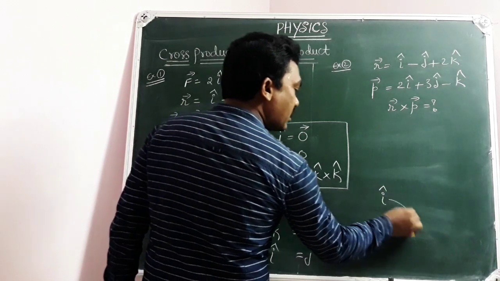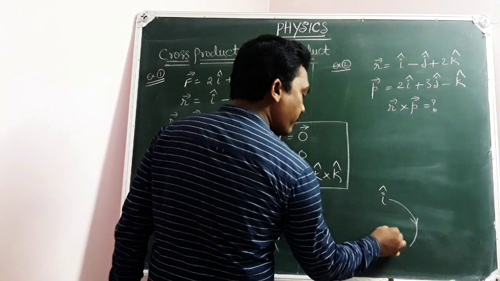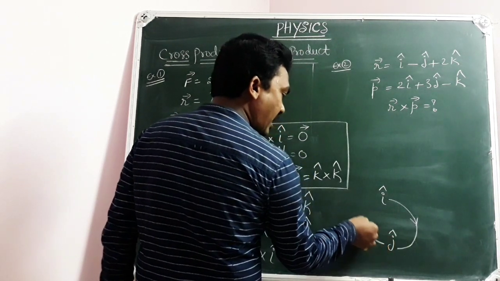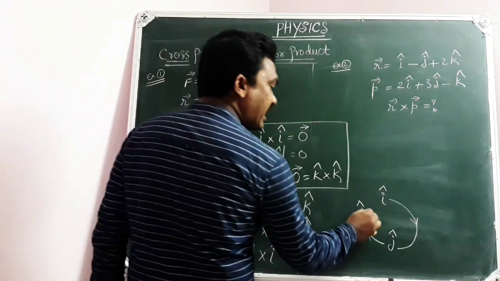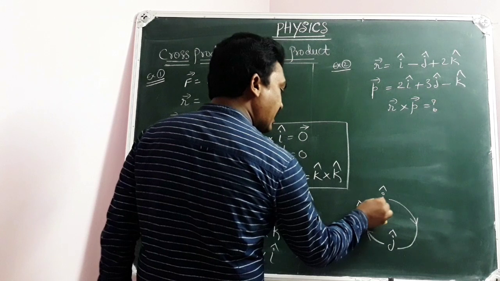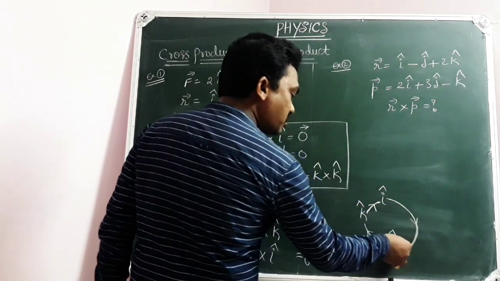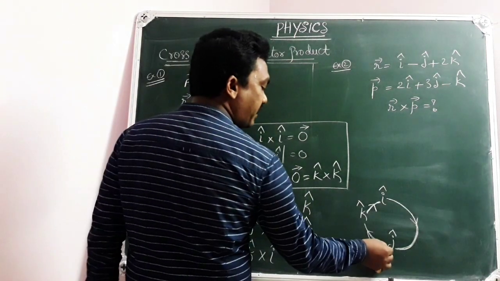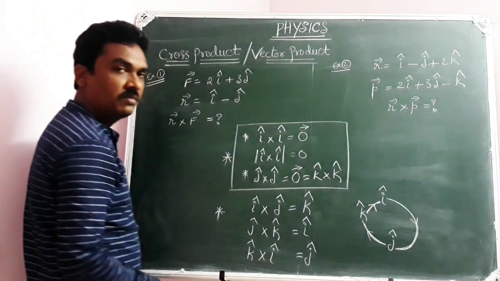I cap cross J cap is equal to K cap, K cap cross I cap is equal to J cap, J cap cross K cap is equal to I cap, in cyclic order.